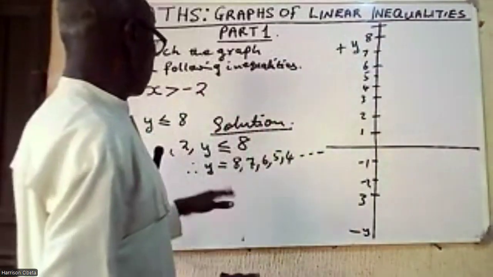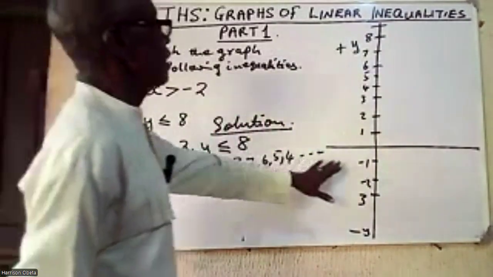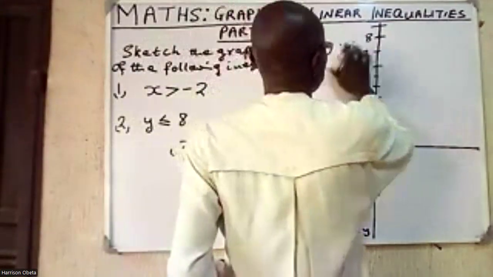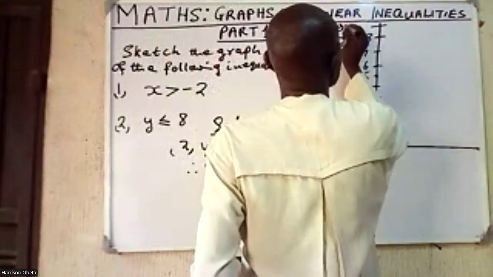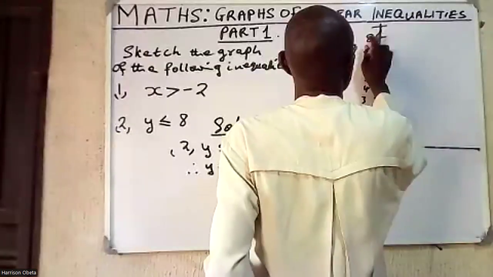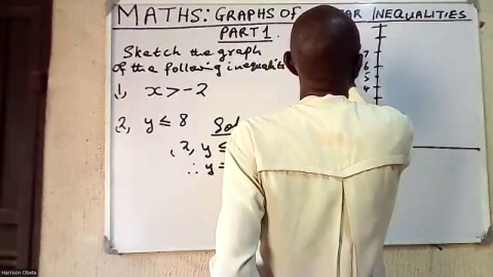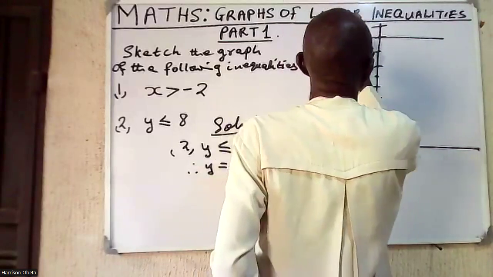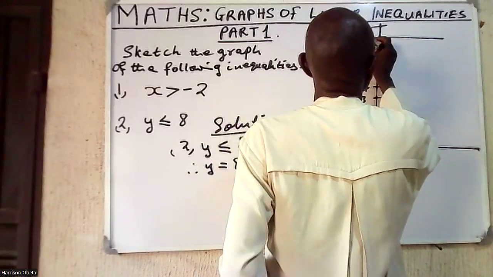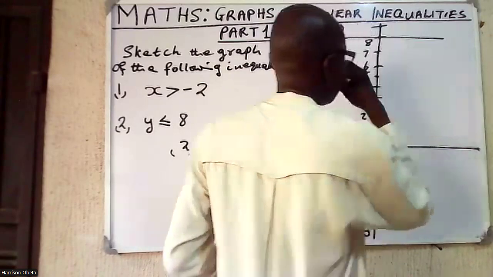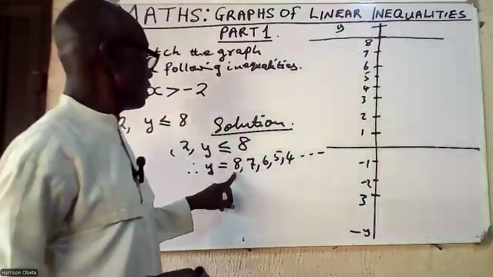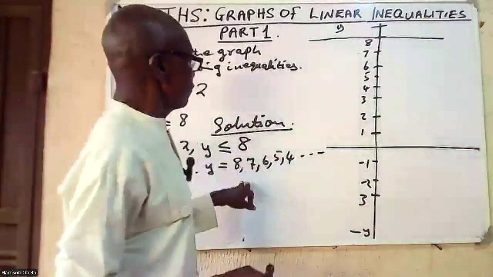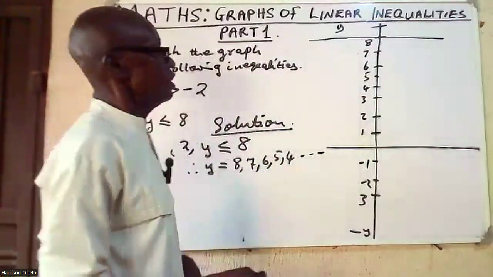Now, if I want to sketch this here, what I'm going to do, I'll come to this place, put my line. Remember that this is 8, then these are the values. And all these values fall below, start from 8 and then below 8.